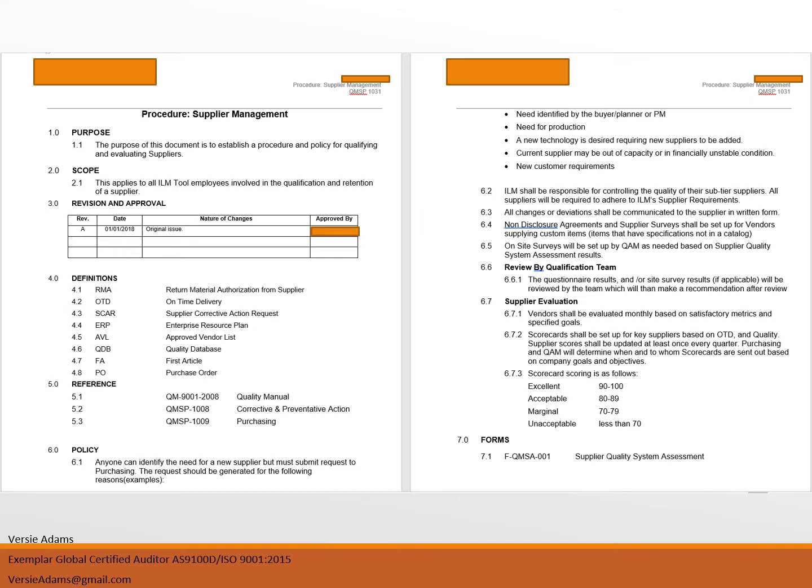They start with a policy, and then the supplier evaluation, and then last they reference the forms that are used as part of the supplier evaluation and supplier management process. Again, feel free to pause this video and take a screenshot and use this for your own reference.